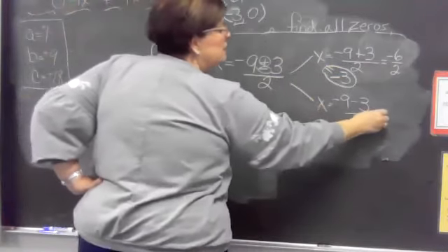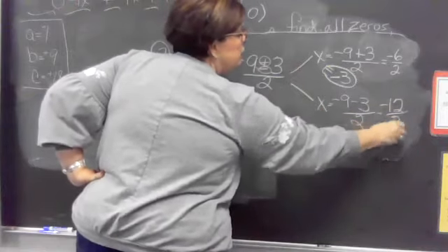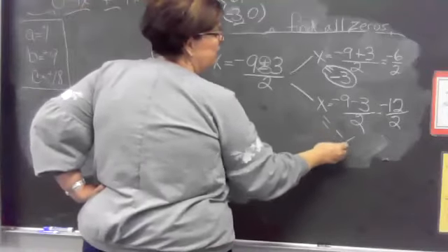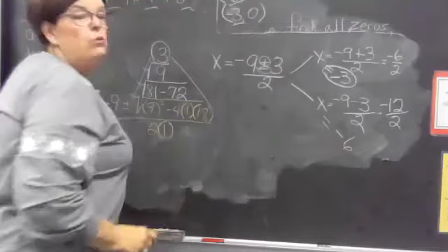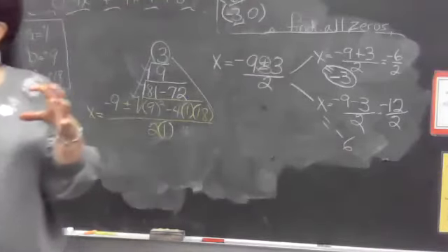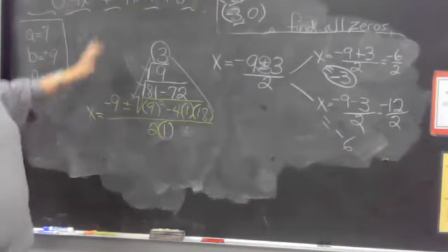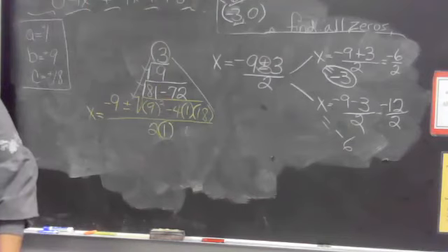And then here is a negative 12 over 2, which becomes a negative 6. Here's our negative 6. So whether you do it from the factored part and set those equal to 0, or whether you use the quadratic formula, you're going to get the same answer.